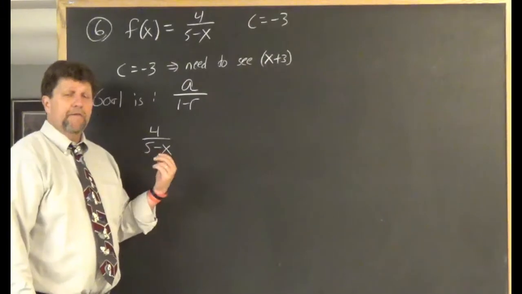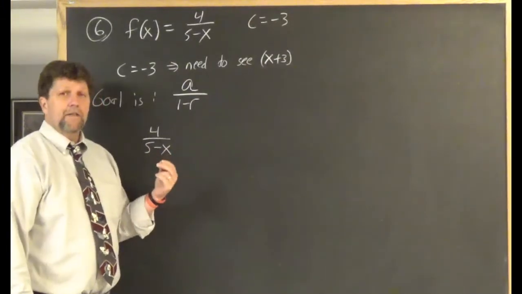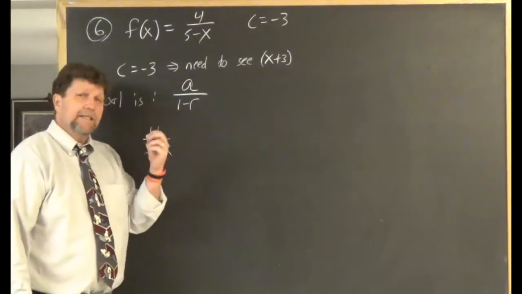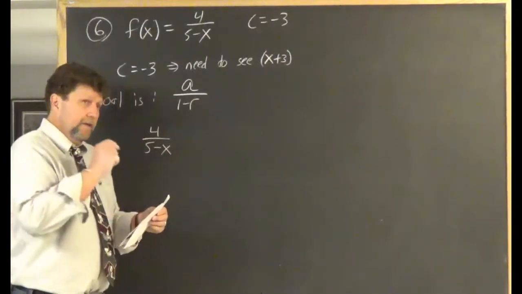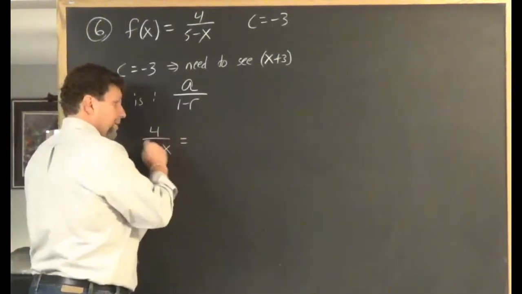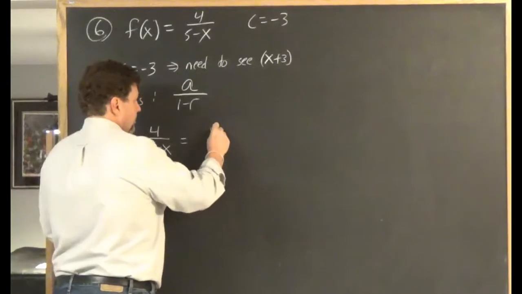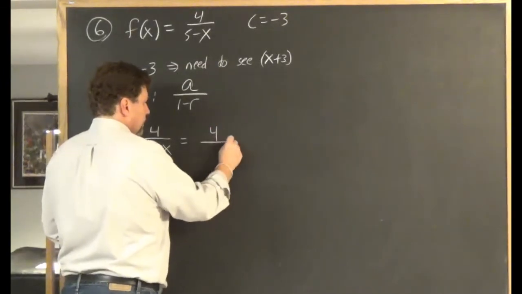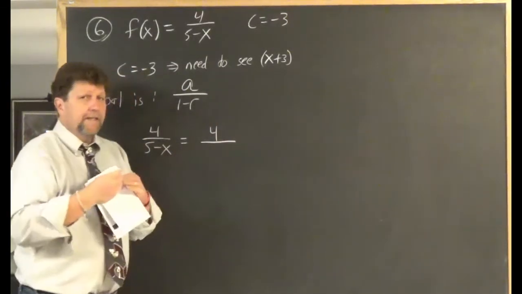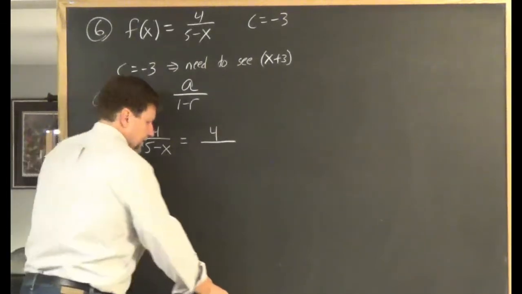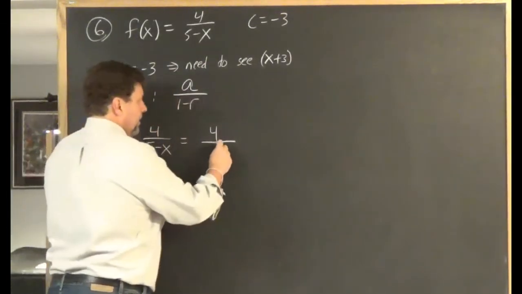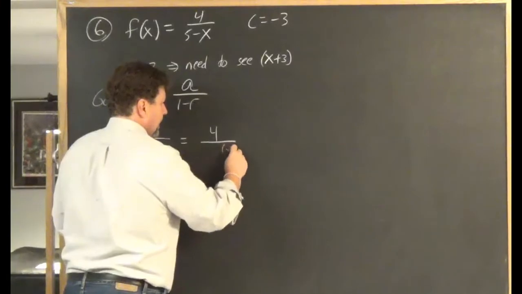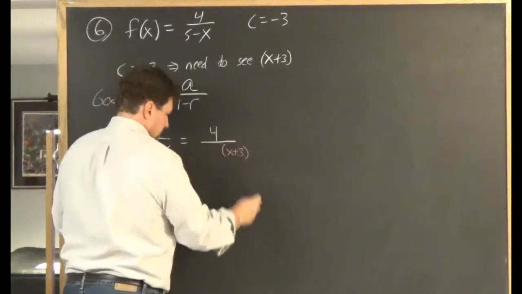I'd have 4/5 over 1 minus x over 5, because I need to see this x plus 3. So here's what I'm going to say. Put down the 4, that's in the numerator. You need to see an x plus 3. So in the denominator, let's go ahead and put in an x plus 3.